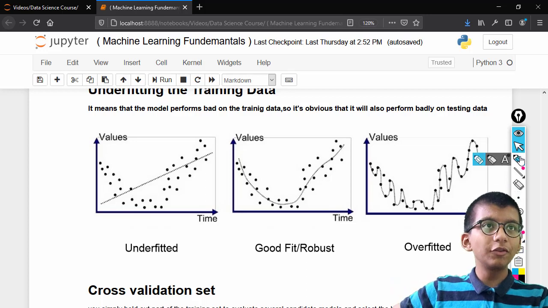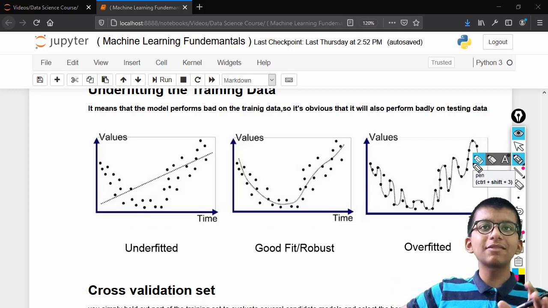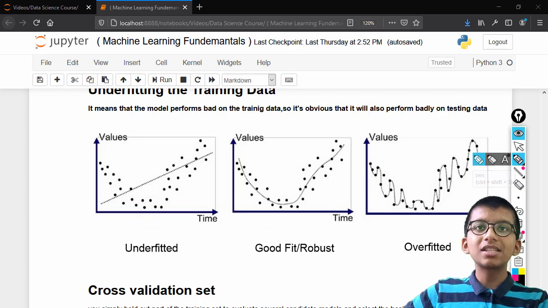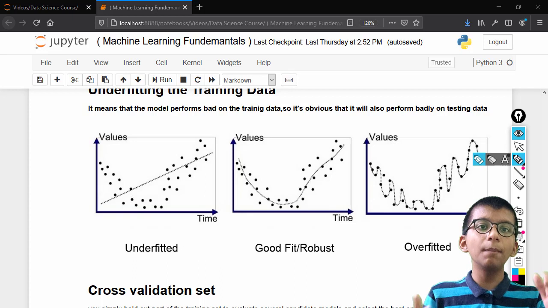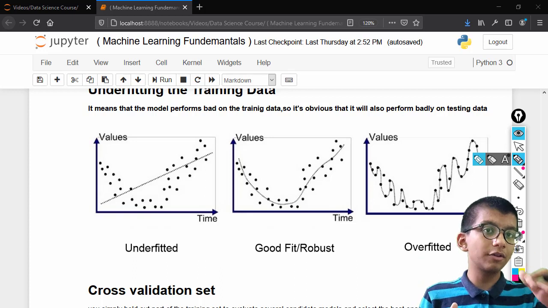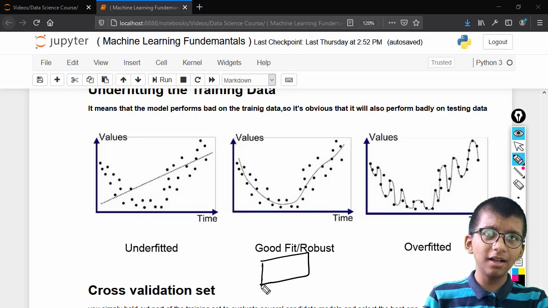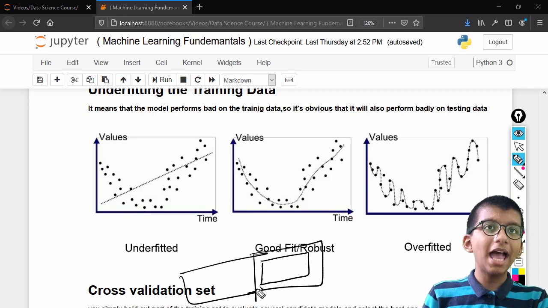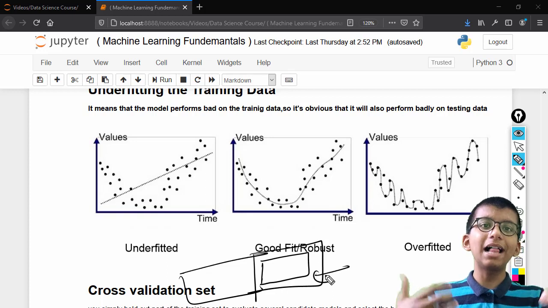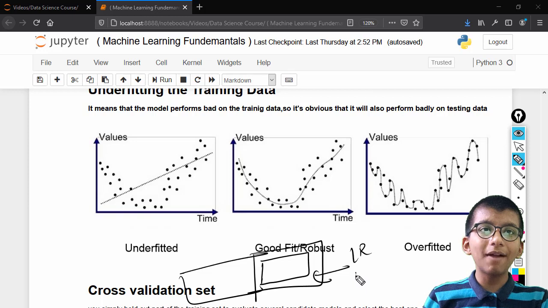So what we do in machine learning with a cross validation set is simply hold out some part of the training set to evaluate different models. Among this data, we hold this part and we train different algorithms on it: linear regression, random forest, decision trees, support vector machine.